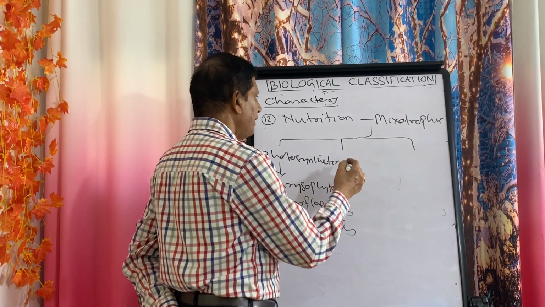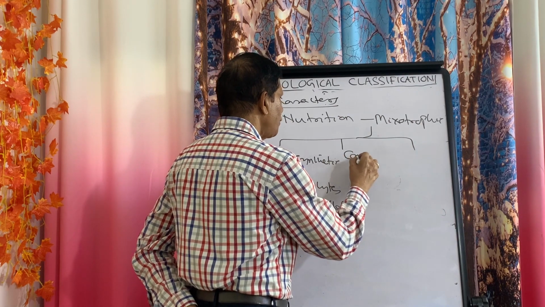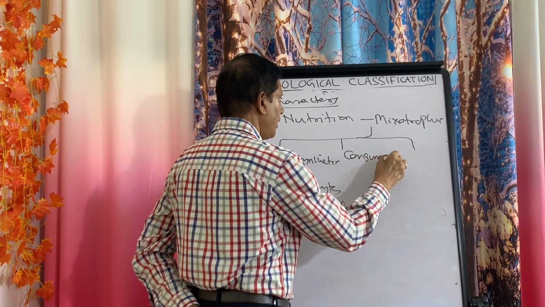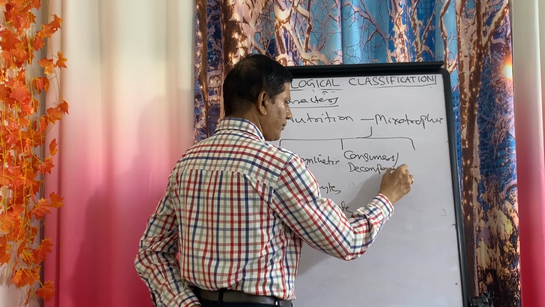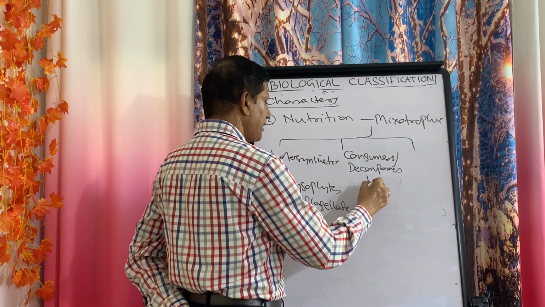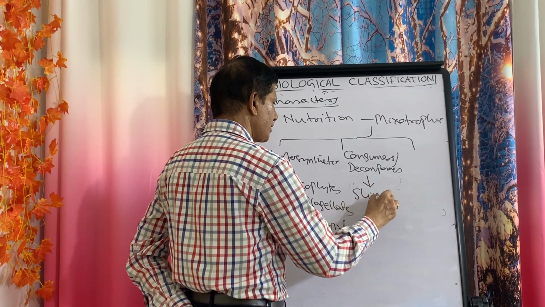Then the second type. They may be consumers or decomposers. And the common example is slime molds.